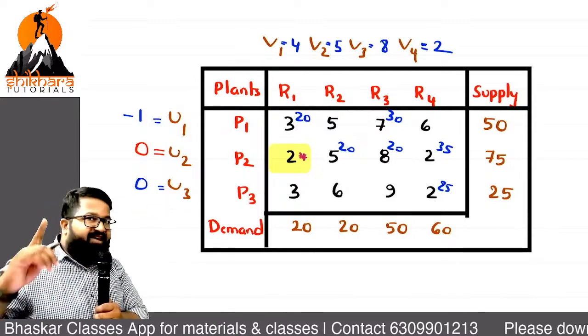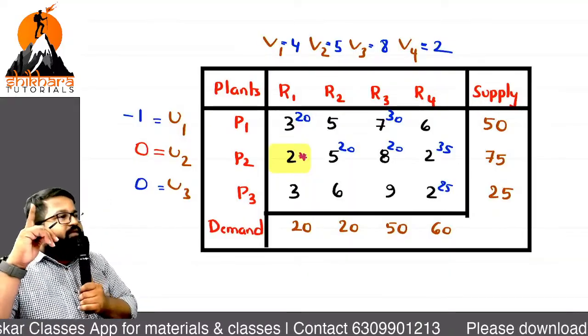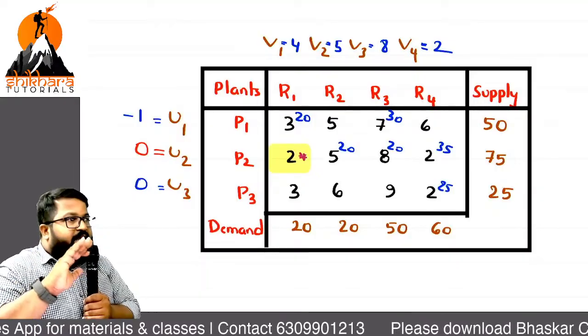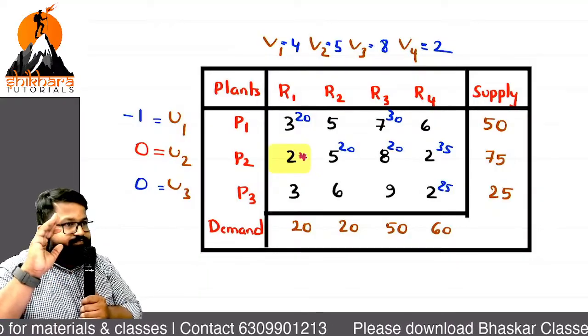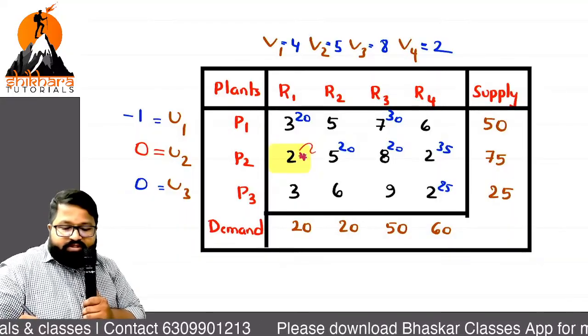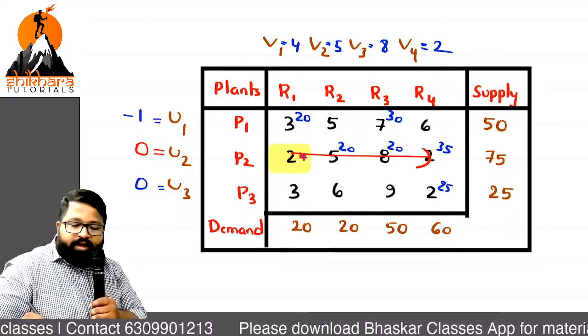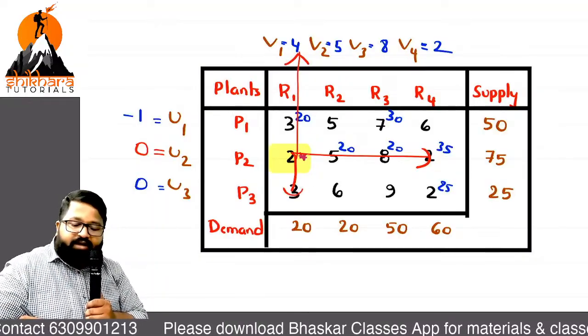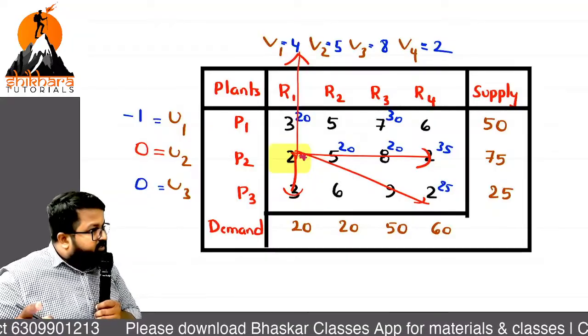Sir, while forming the loop, the basic rule is that you can go either horizontally or vertically, never in a diagonal way. I can go in this way, or in this way, or in this way, but never in these directions. Is it clear, ma?